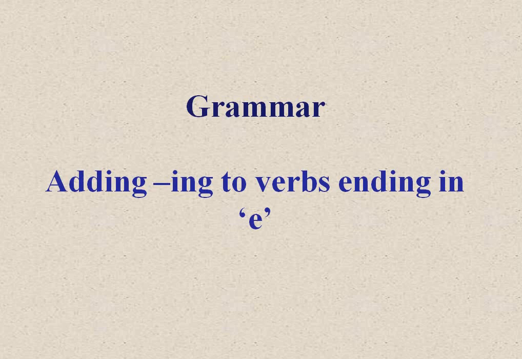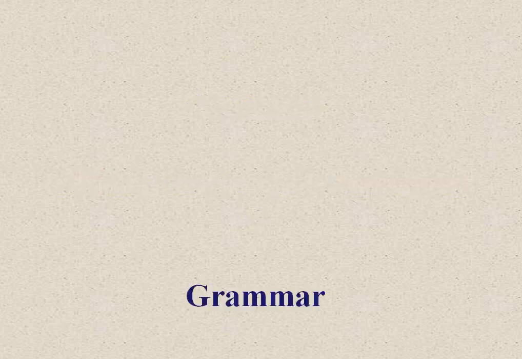Last time, looking at adding D to a verb ending in E, we were trying to make the verbs in past tense. So we are going to follow the laws or the directions given in different slides. So let's start with the second slide.